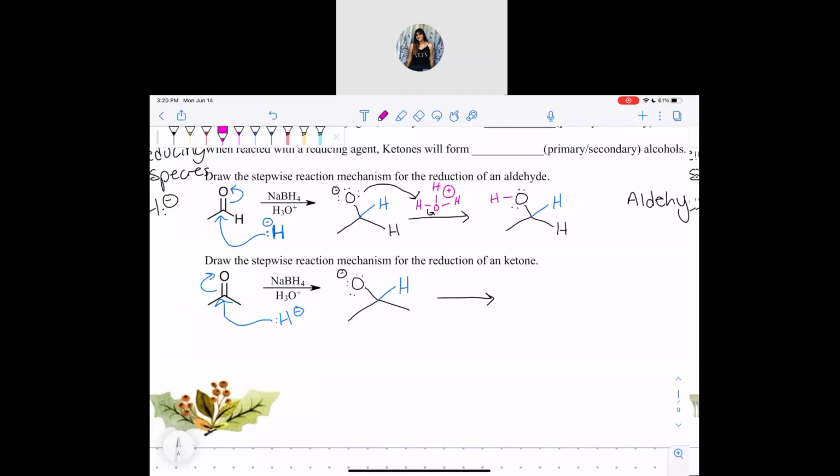How do we get rid of the plus charge? Yeah, so we have an H3O plus, right? And so what's the buzzword? What are we going to do to the oxygen? So, okay, one person said protonate, one person said deprotonate. So technically both of those are correct depending on what you look at.